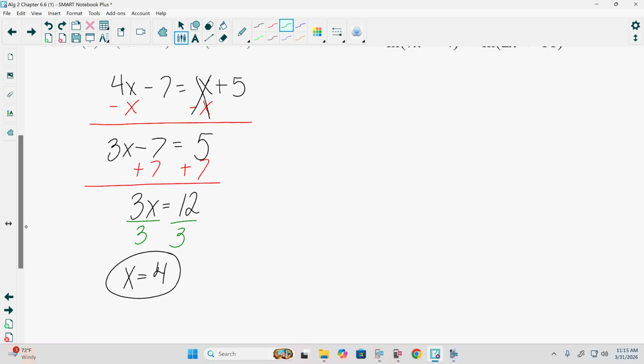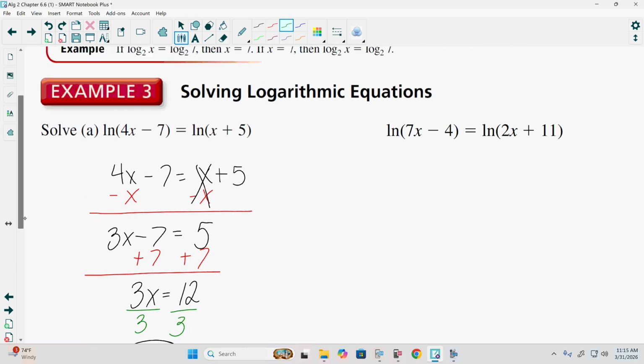Now, I want to say something in particular with logarithms. The variable that we're solving for can be negative, but when you plug it back in, if it makes the expression negative, it does not work. So 4x minus 7 cannot be 0 or negative.